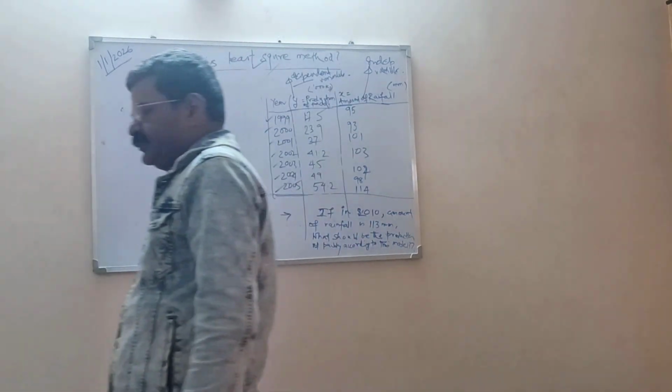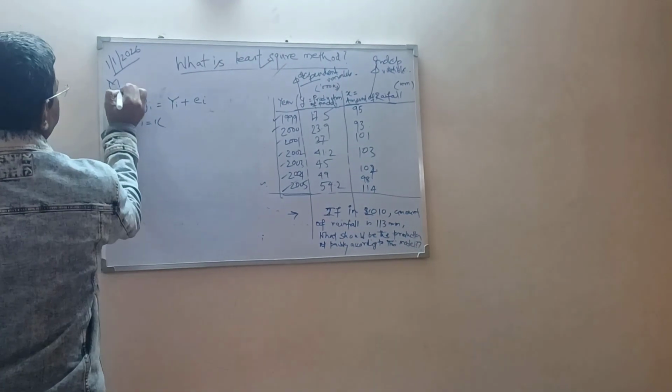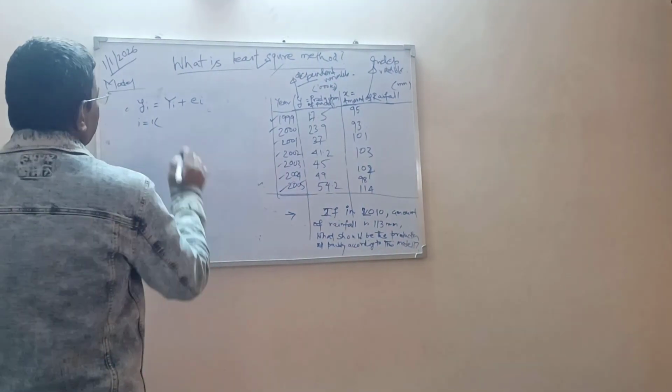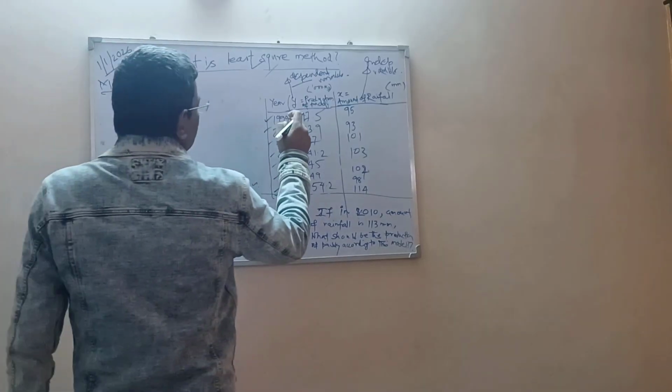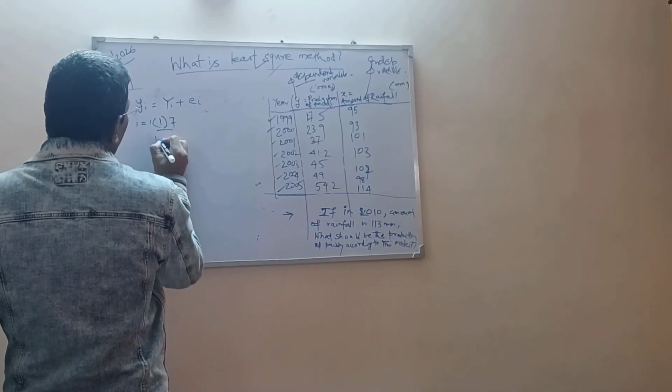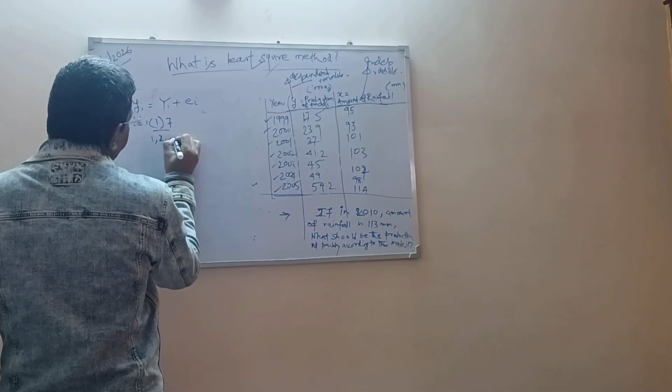Now, here I have a model, something like yi equals capital Yi plus ei, i from 1 to 7.